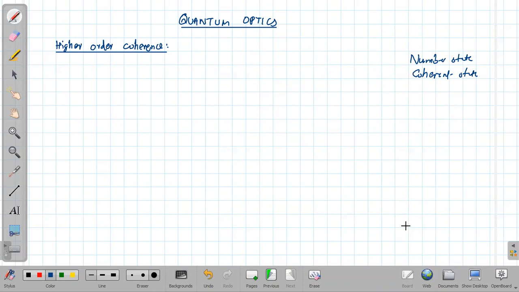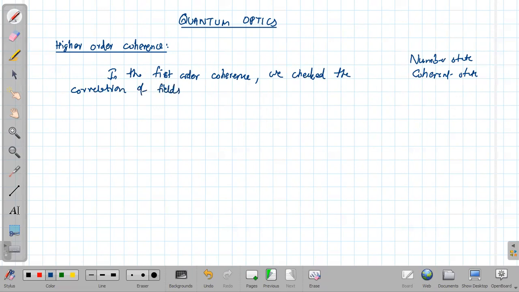Now, what have we done in the first order coherence? In the first order coherence, we checked the correlation of fields incident on a single detector at two different times.